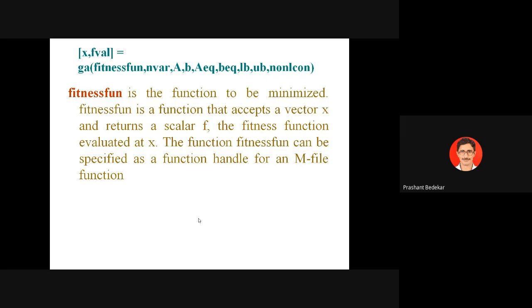And if your initial point is lying nearer to a local optimum solution, then the method will lead to the local optimum solution and you will not reach the global solution. Here in case of genetic algorithm, there is no question of x0. We are not giving any initial choice.